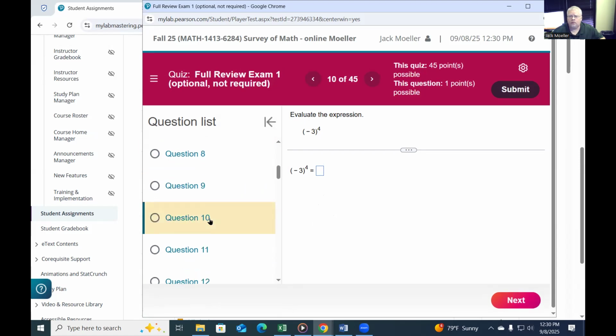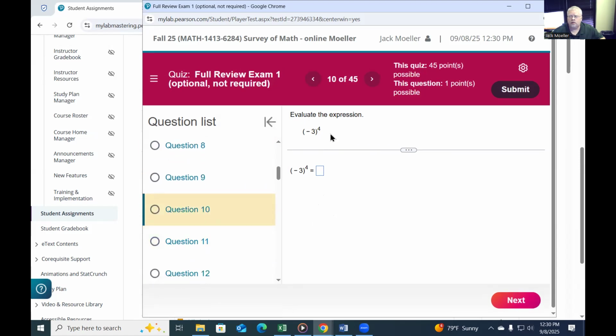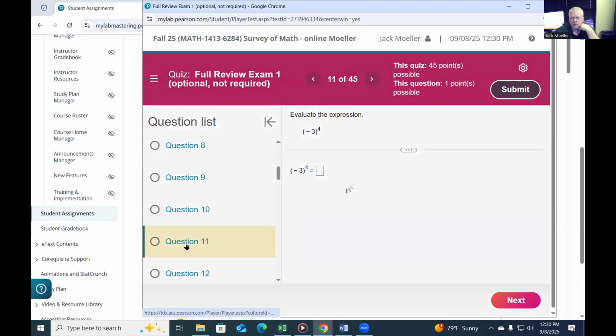Okay. So here is an exponent with a negative number. So the real question on this negative 3 to the 4th is, when you write it out, how many negatives are there? Is there 1 or are there 4? If you look at number 11, this is negative 3 to the 4th without parentheses.